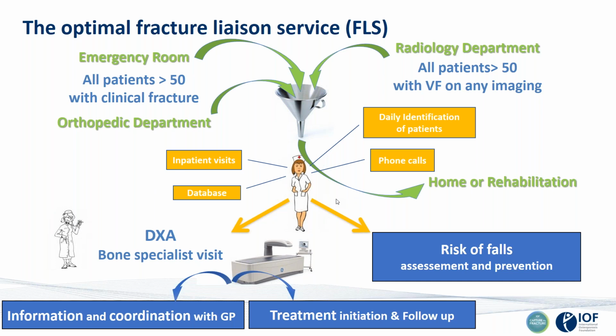I have in mind, for example, thoracic CT or abdominal CT. That's what we call opportunistic identification of vertebral fractures.